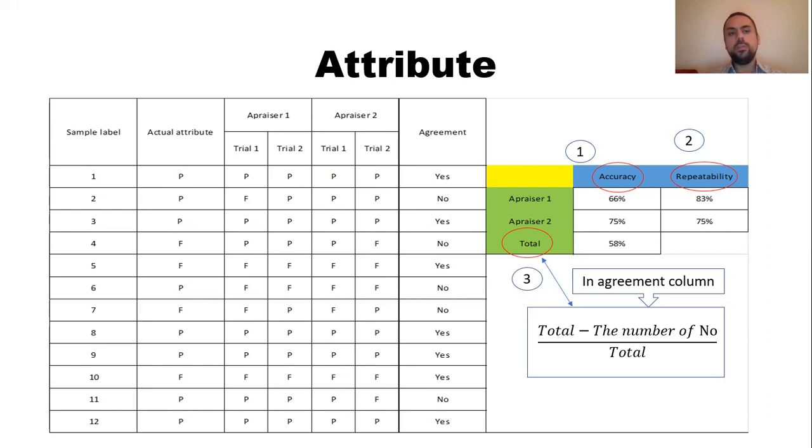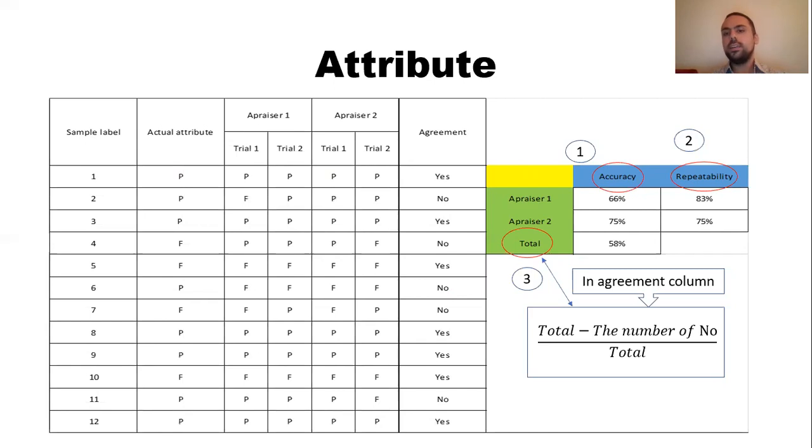We have an actual attribute, a reference, which is the actual answer. They measure it 2 times. At the end, total accuracy in this chart is 58%. It's low. It means that we need to pay more attention to our measurement system.